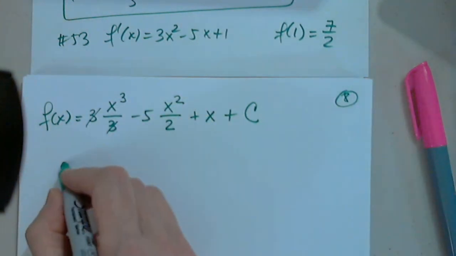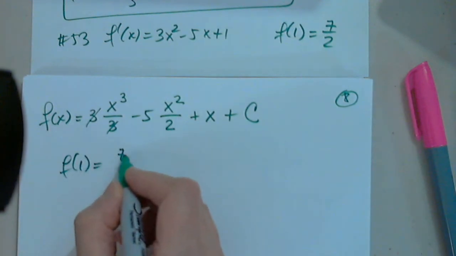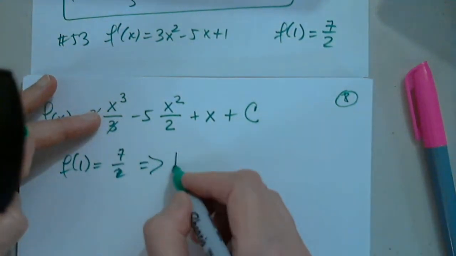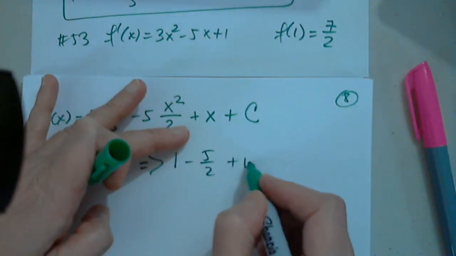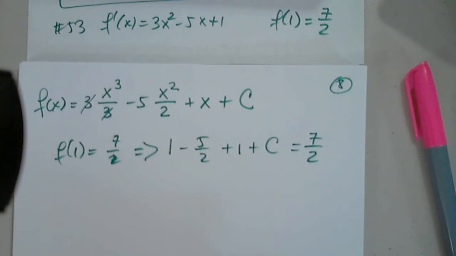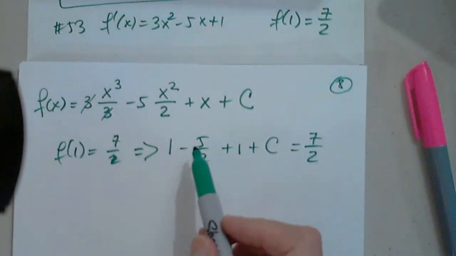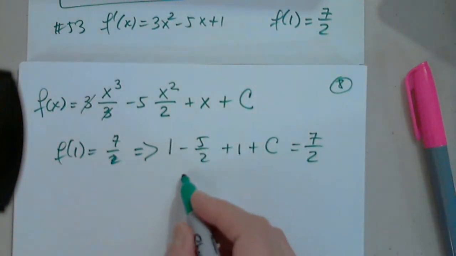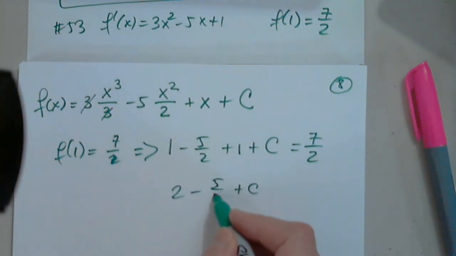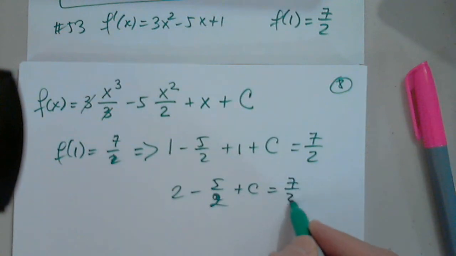That's fine. So f of 1 equals 7/2 means 1 minus 5/2 plus 1 plus c equals 7/2. So this is 2. 2 minus 5/2 plus c equals 7/2.